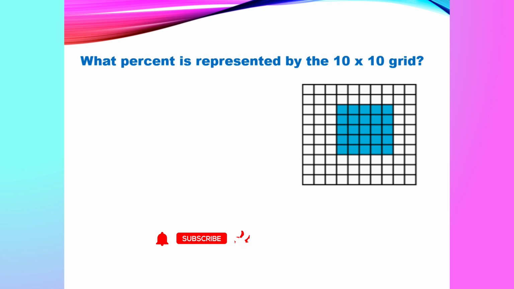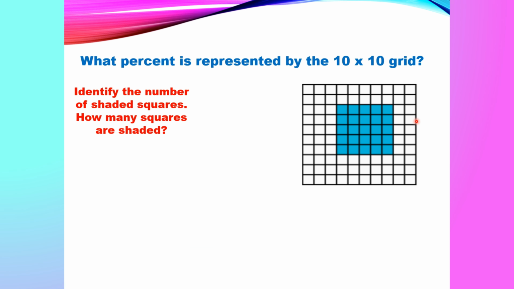What percent is represented by the 10 by 10 grid? First, you need to identify the number of squares shaded. If you count 1, 2, 3, 4, 5. So this is 5, 10, 15, 20, 25. So 25 squares are shaded.